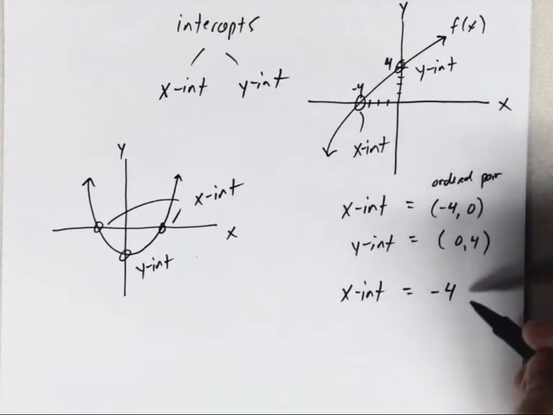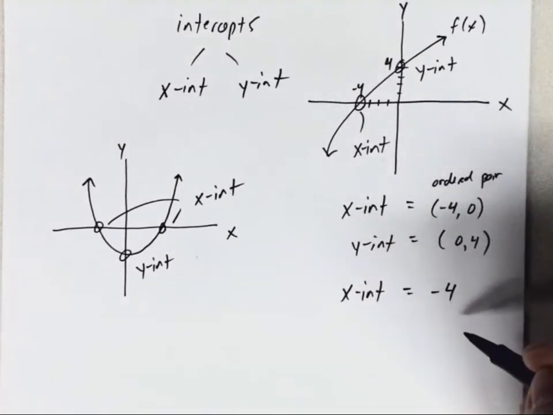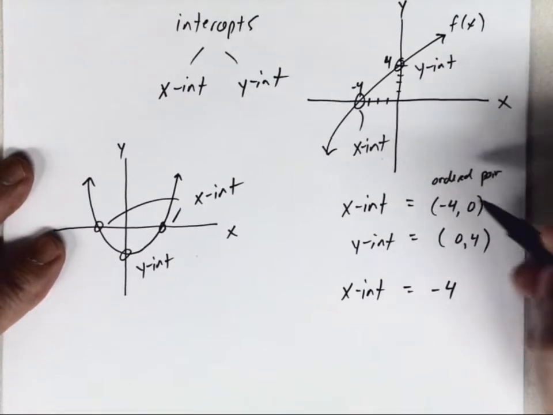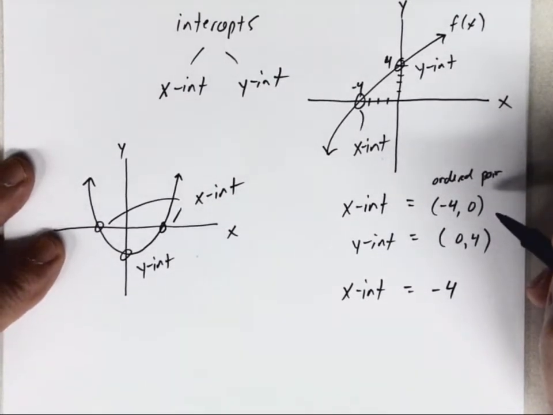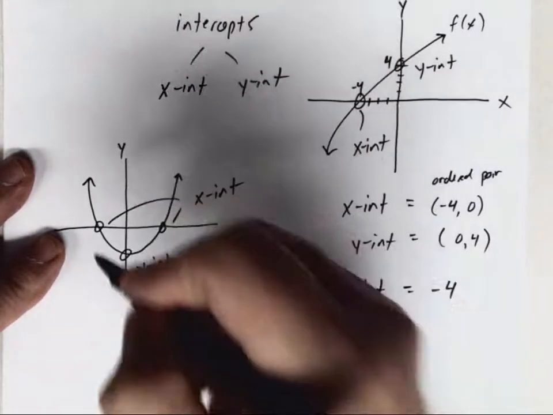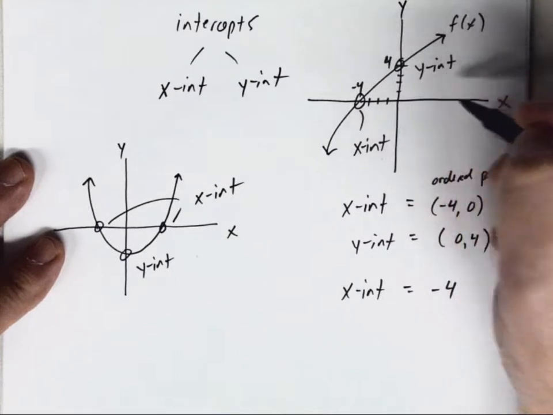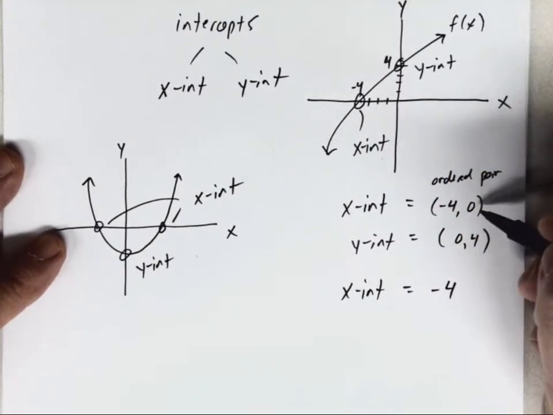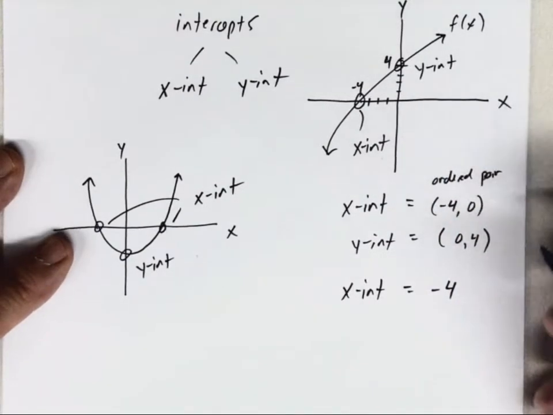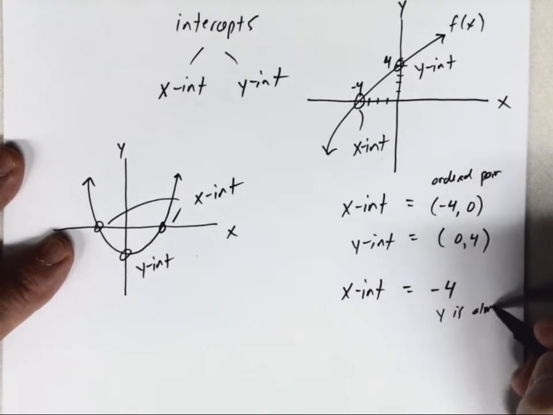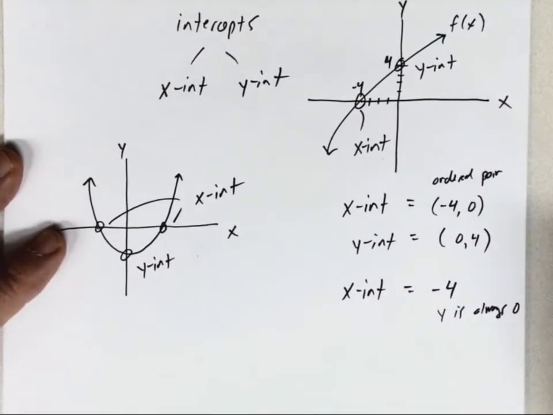What they do here is almost shorthand, because for every x-intercept, what is the value of y going to be? For any x-intercept, it's where the graph crosses the x-axis. What is y going to be? Y is always 0.